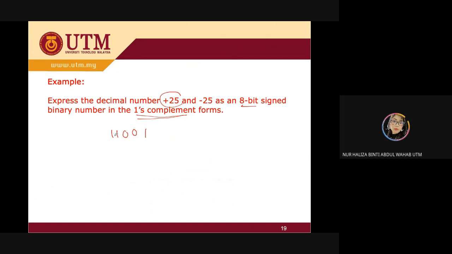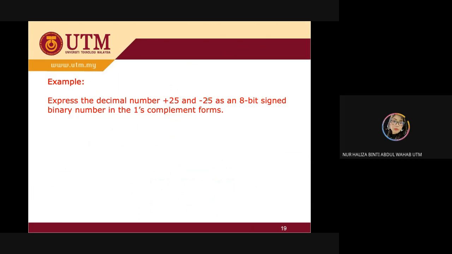Our 8th bit for our first complement positive number will be 0 because it is positive. This is our sign, this is our magnitude. First complement still uses the similar method as sign magnitude for positive numbers. So this is our first complement positive number, which is 25 first complement.